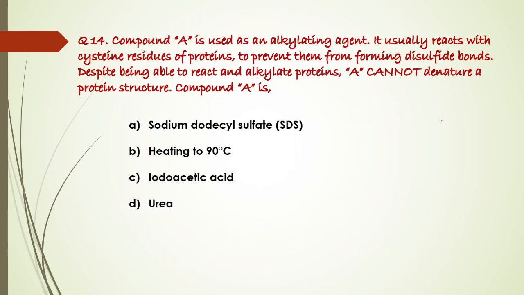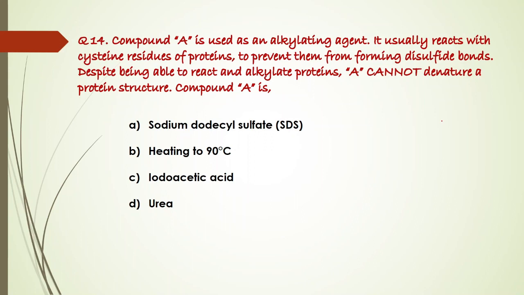Yes, that is a very good question. It states compound A is used as an alkylating agent. It usually reacts with cysteine residues of proteins to prevent them from forming disulfide bonds. Despite being able to react and alkylate proteins, it cannot denature a protein structure.